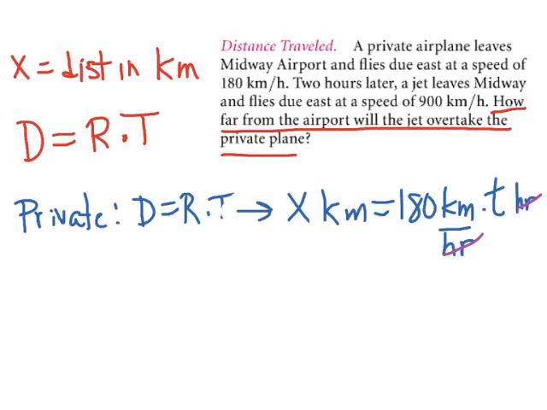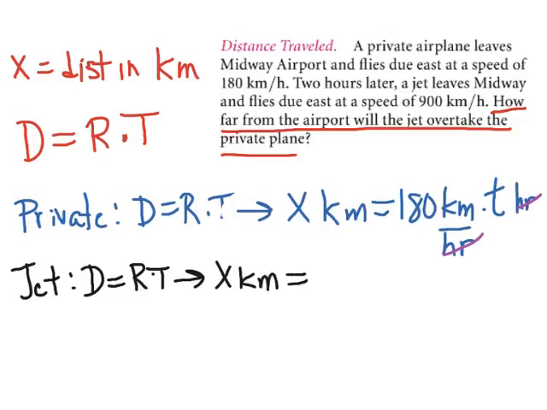Not very good at solving equations with two letters, so let's take a look at the jet, see what the jet did. The jet, I still have distance equals rate times time. So for the jet, the distance, well, I want the jet to catch the private plane. What that means is the jet and the private plane have flown exactly the same distance. I'm still going to have x kilometers equals, his speed is 900 kilometers per hour.